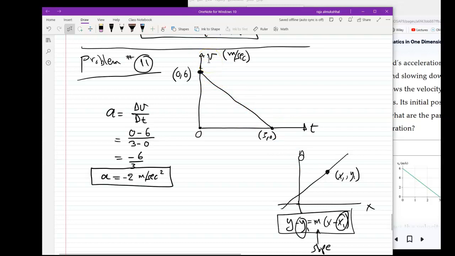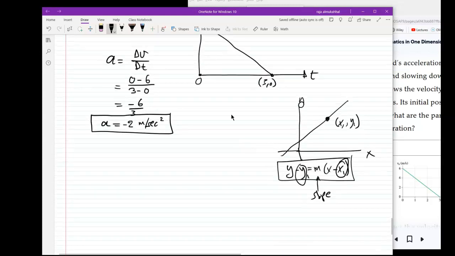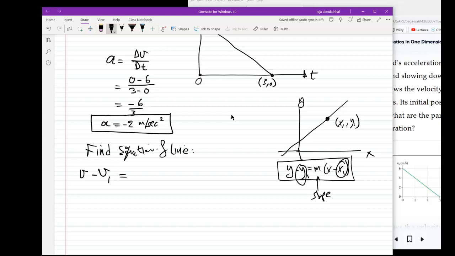Writing it in my notation, find the equation of the line: v minus v1 equals the slope, which is the acceleration, times t minus t1. I hope you believe that. Please make sure you understand what I have just written. It's very similar to that.